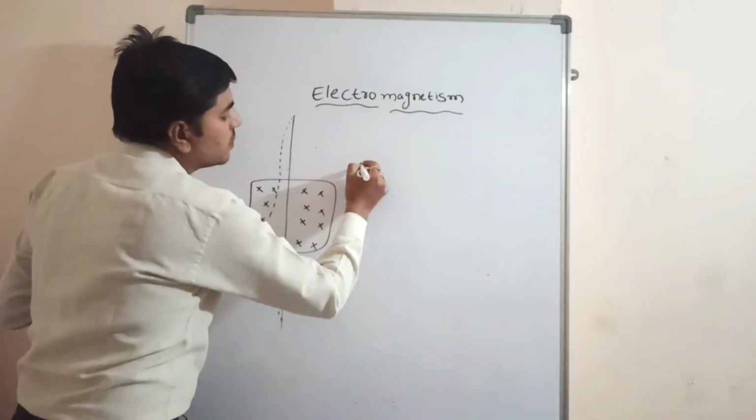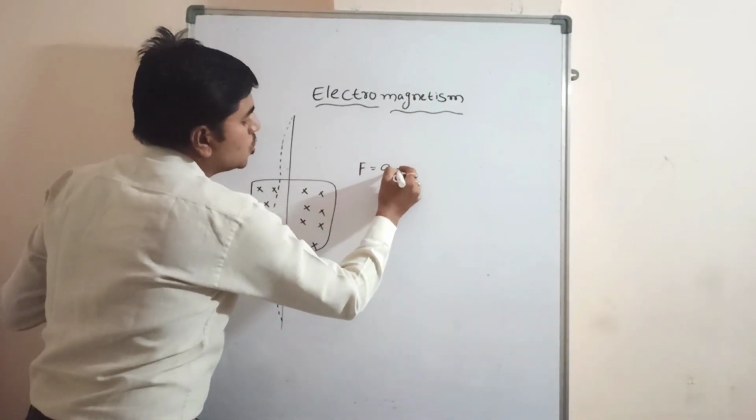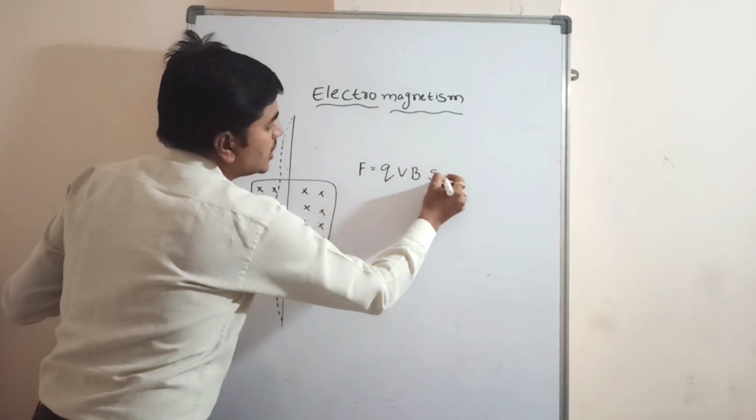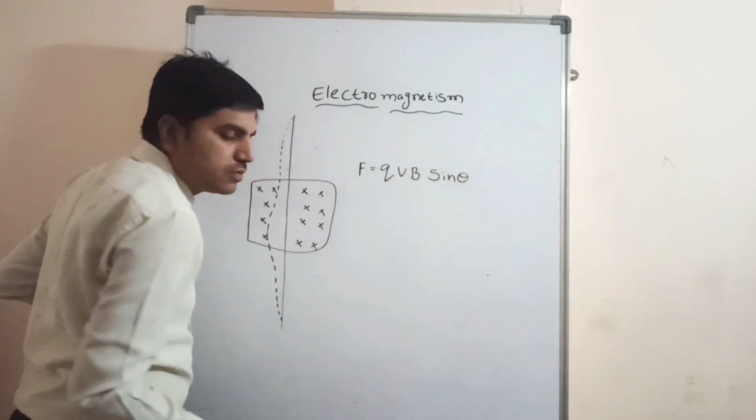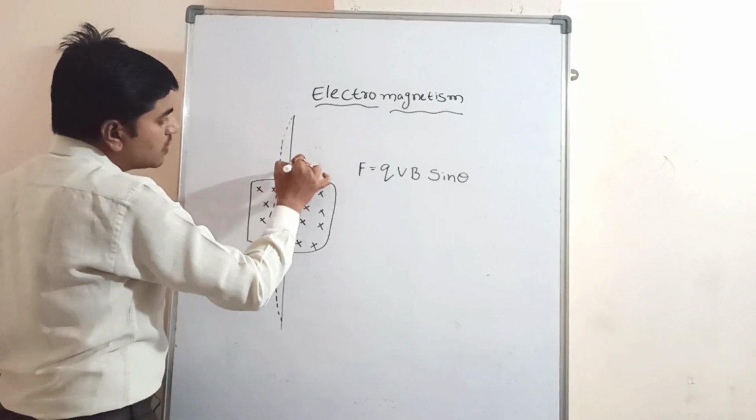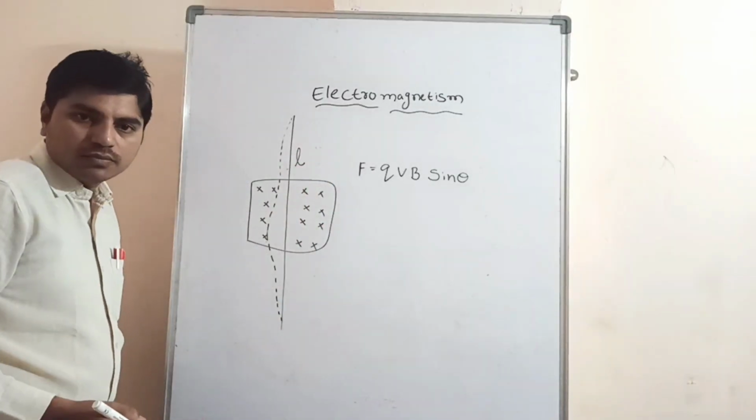We know that F is equal to QVB sin theta, which we just discussed, and the length of the conductor is a small l.